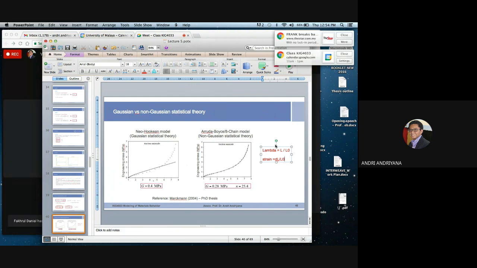Yes. If you come back here, L is equal to L0 plus delta L, and this is over L0. And what happens is that it is equal to 1 plus delta L over L0, and this one is equal to 1 plus strain. So lambda is equal to 1 plus strain. I hope that answers your question, Matran.